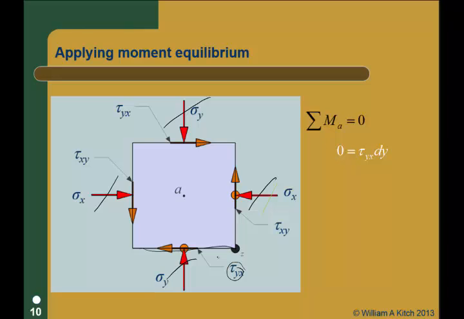I'm sorry, dy is the arm. I am summing stresses, but the areas are the same on all sides. Sorry, I misspoke. So I've got tau yx here, and I've got tau yx here, times the moment arm there, which is going to be dy.